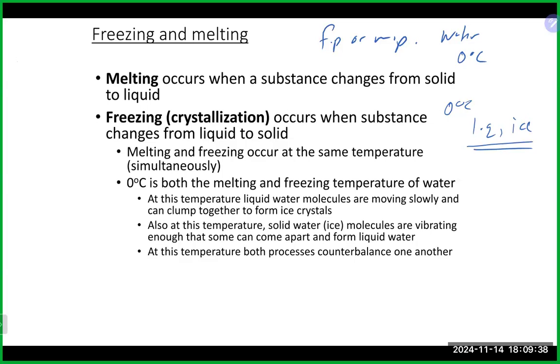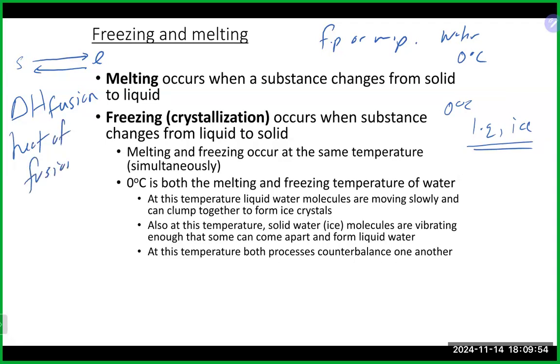There is, not surprisingly, energy required to do that transition in both directions, and that is referred to as the delta H of fusion, or the heat of fusion. The heat of fusion is the energy required to take a substance from solid to liquid, or from liquid to solid, without changing the temperature. Again, this all occurs at the same temperature.